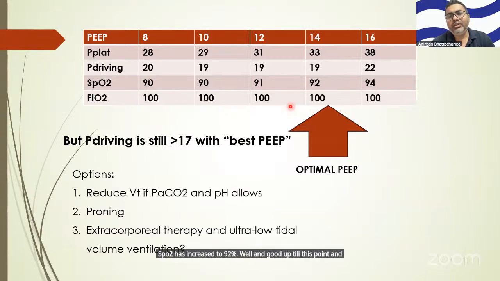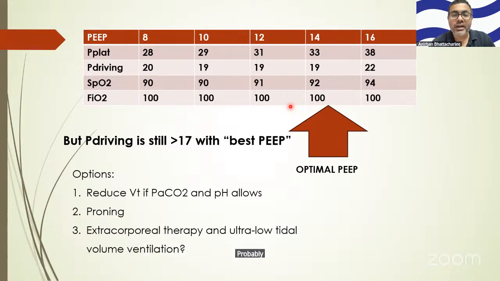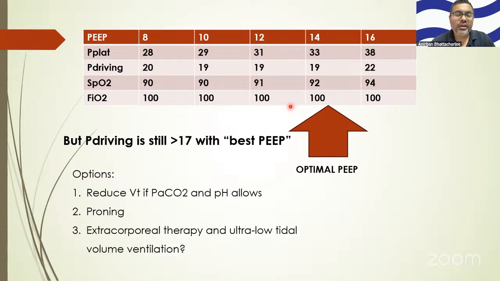But when we increase our PEEP to 16, we see a sharp overshoot of driving pressure. So why is that happening? Probably this is the point where we have started over distending the alveoli.